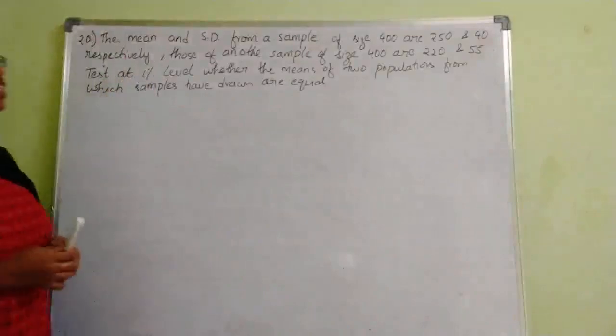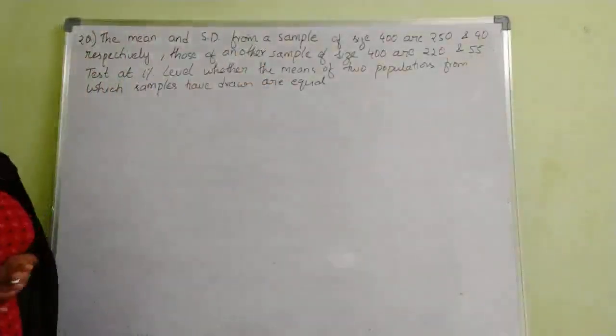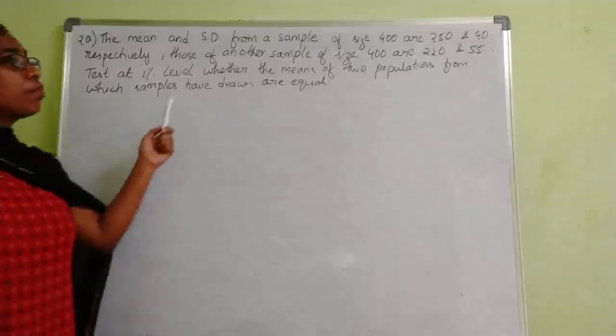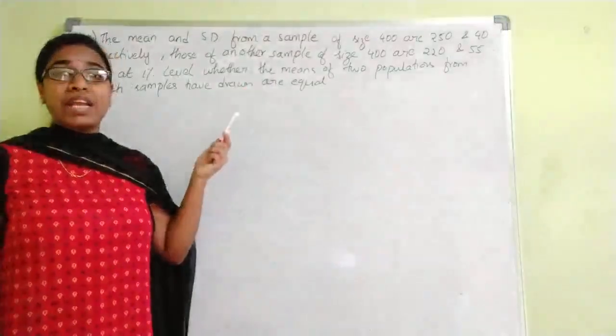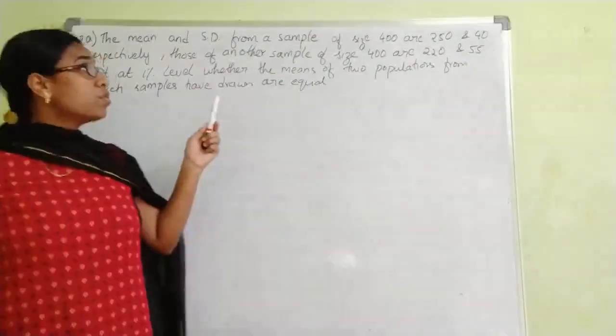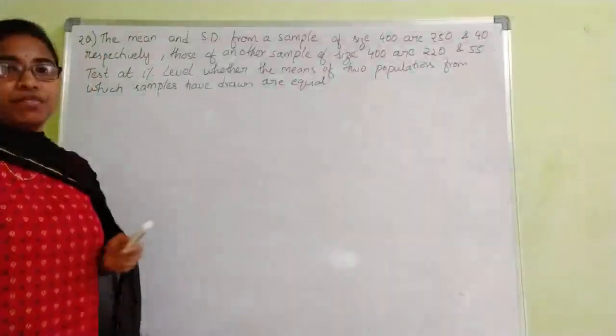Those of another sample, so another sample of size 400, whose mean and standard deviation are 220 and 55.